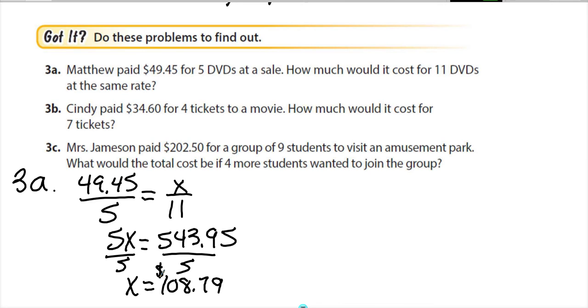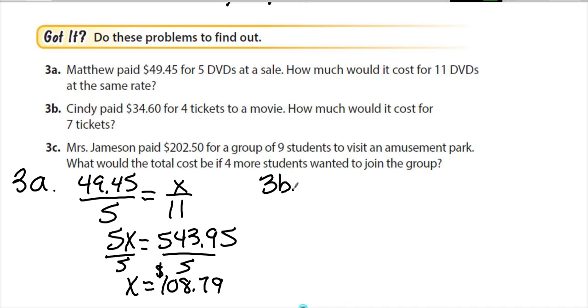Okay, let's try 3B. If you didn't do A by yourself, go ahead and pause it and try B and C on your own. Okay, letter B says Cindy paid $34.60 for 4 tickets to a movie. How much would it cost for 7 tickets?